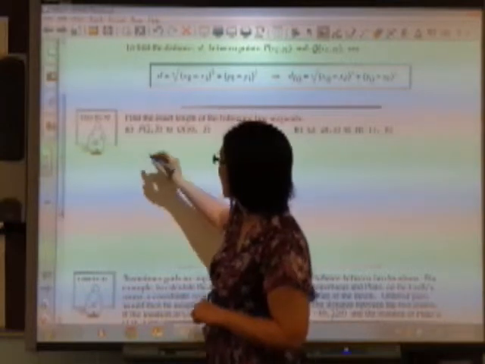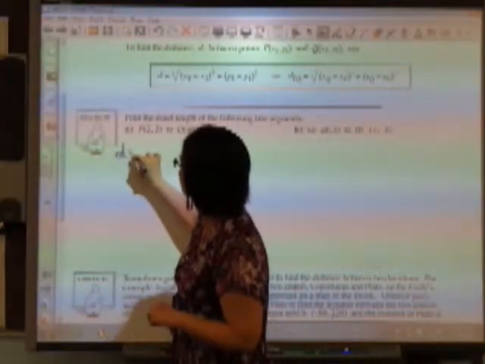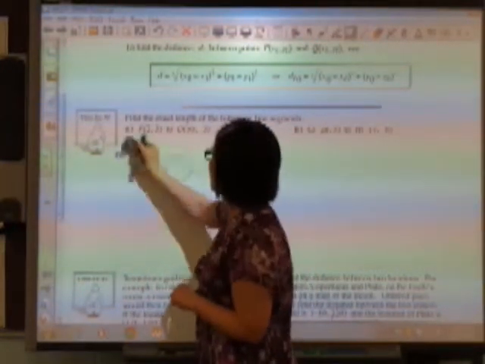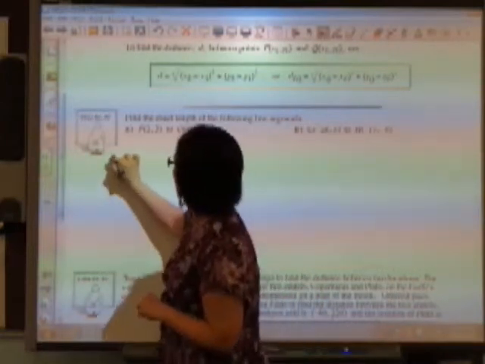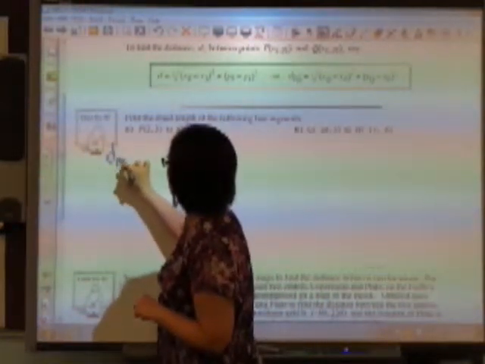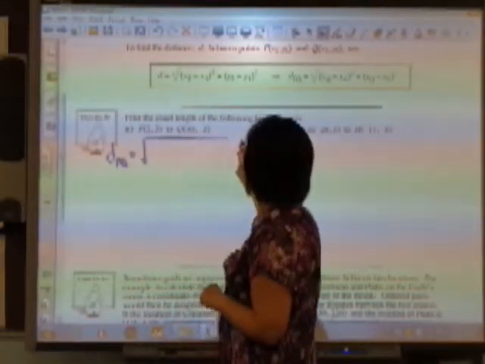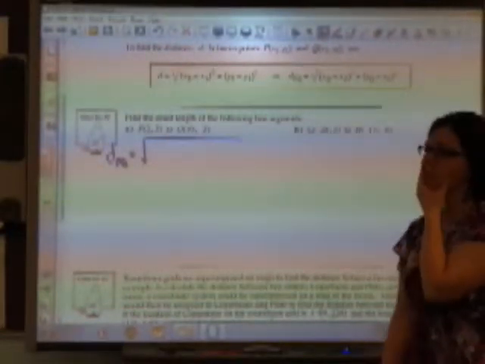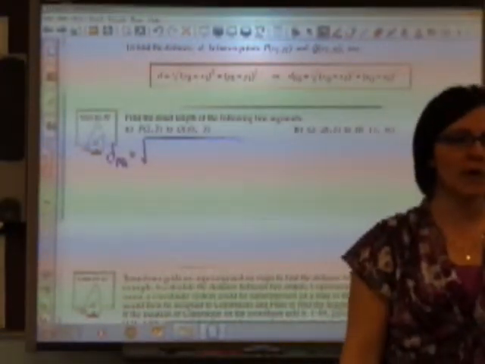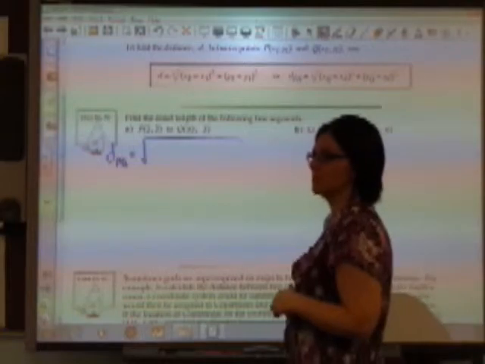So if I use this distance formula, the difference in the x's, and the way that we can write this out is we can actually go distance of PQ. So the difference in the x coordinates, it doesn't matter if I go 2 minus 10 or 10 minus 2.